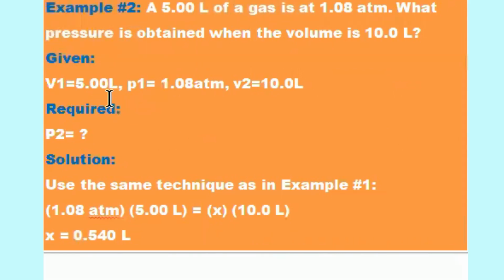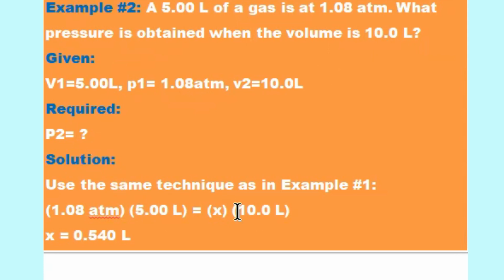We have V1 5 liter and P1 is 1.08 atmosphere and V2 is 10.0 liter. Required is P2 because you are asked to calculate the P2. What pressure is obtained when the volume is 10 liter? 10 liter is V2 and P2 is required.